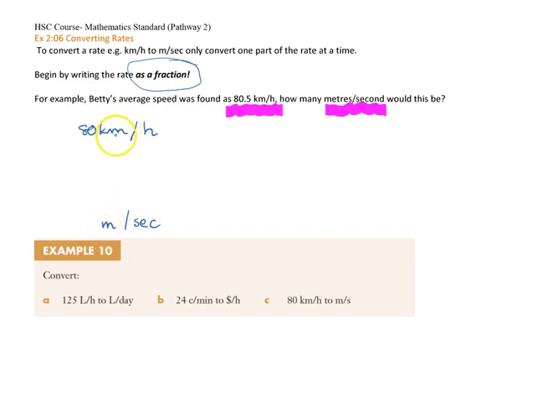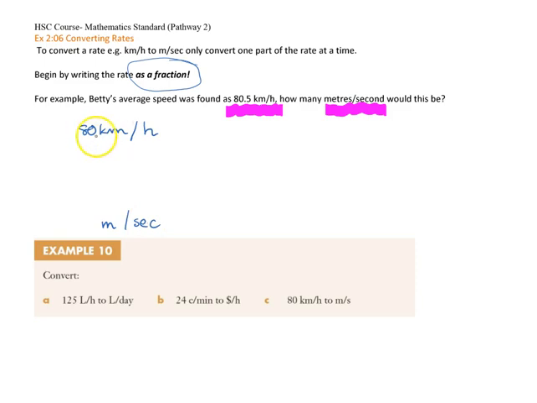We can see that we need to convert kilometres into metres and hours into seconds. So that's going to involve quite a bit of work. Always start with converting one unit only, and because eventually we've got to get this to 1, I think converting the second part of the rate should be left and done in the latter part of the solution.